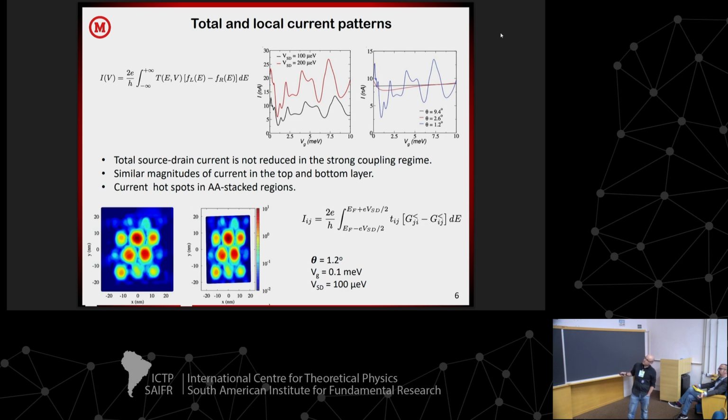They have similar values on the top and bottom layer, and it's completely localized on the AA stacked region. So probably this is a clue that the top patch is actually responding to the electric field. It is probably a signature of the paramagnetic response of our molecule.